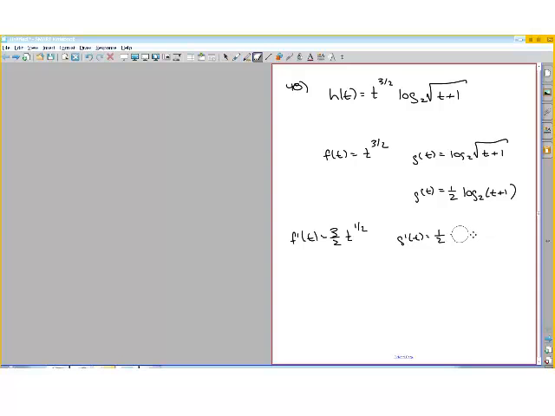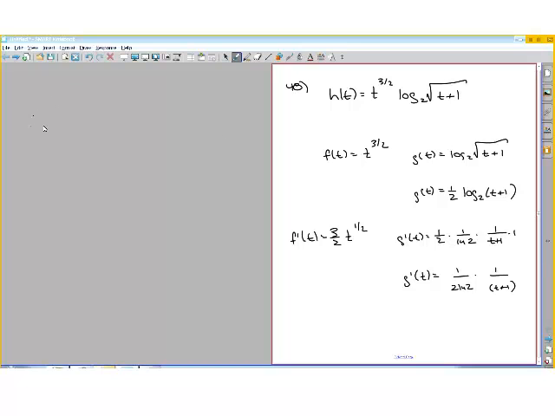I'm just going to do the problem over again. Okay, so it's 1 over the natural log of the base times 1 over the argument times the derivative of the argument, which is just 1. So g prime of t is going to be 1 over 2 natural log of 2 times 1 over t plus 1.